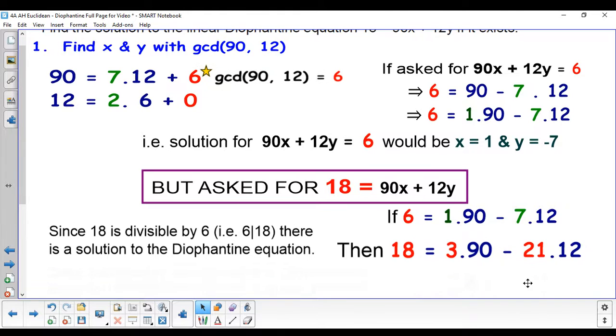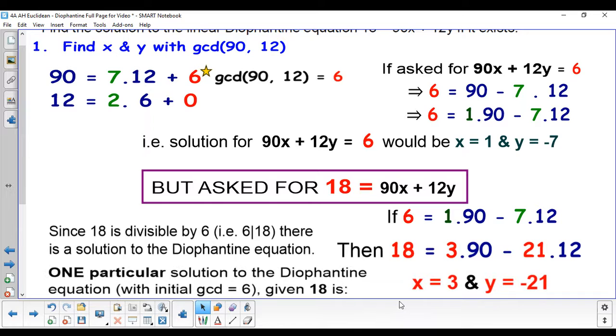That's it. For the condition when it's 18, x is 3 and y is minus 21. That's one particular solution, because we found one particular solution for when it was 6. All you actually do is solve it the way you always have done, except you multiply to get the solution that you look for.